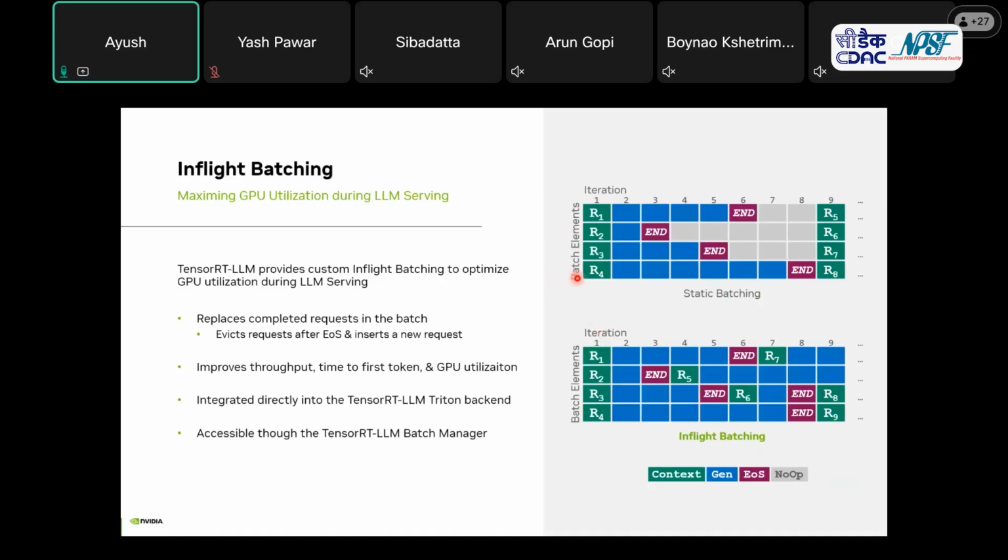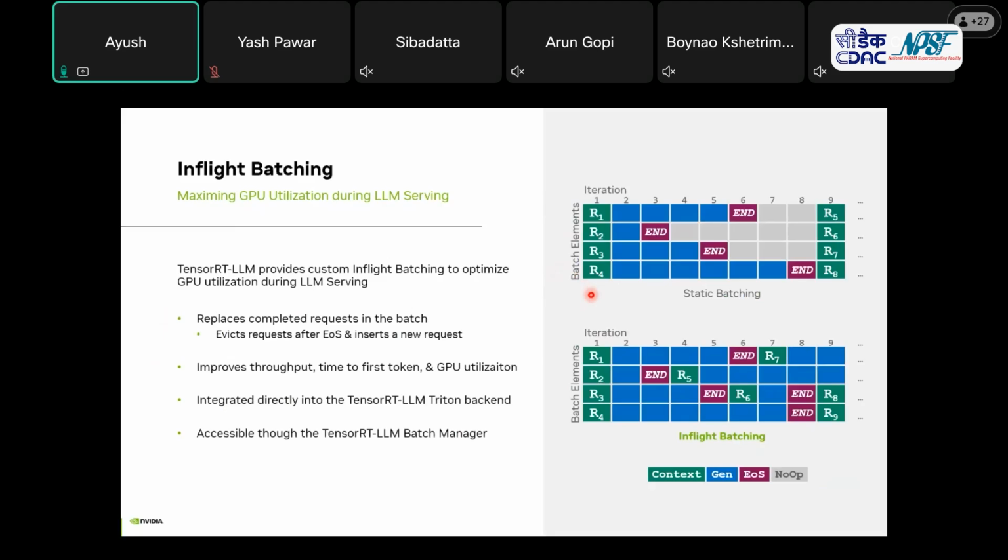With previous generations of models, if you have experimented with them, in order to create a batch of input requests, you have to pad the requests in the batch to the same length, and you have to wait until the last request has ended generation. Only once the last request has ended can you supply the new batch.